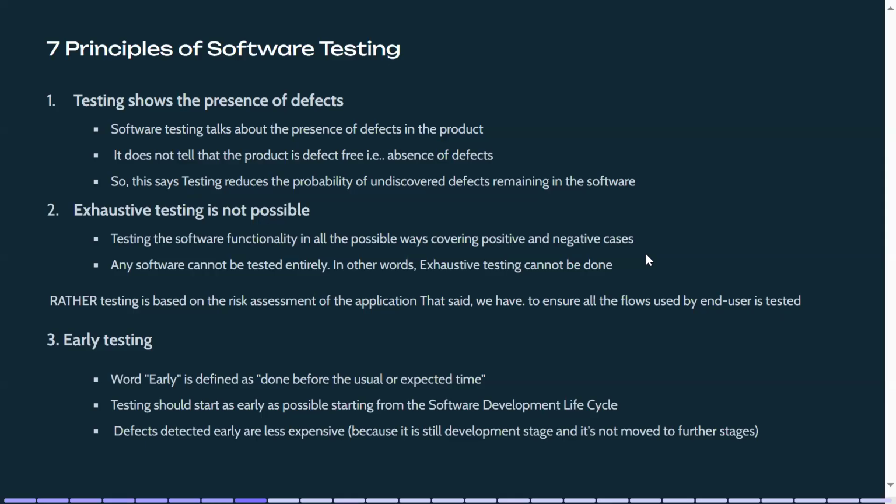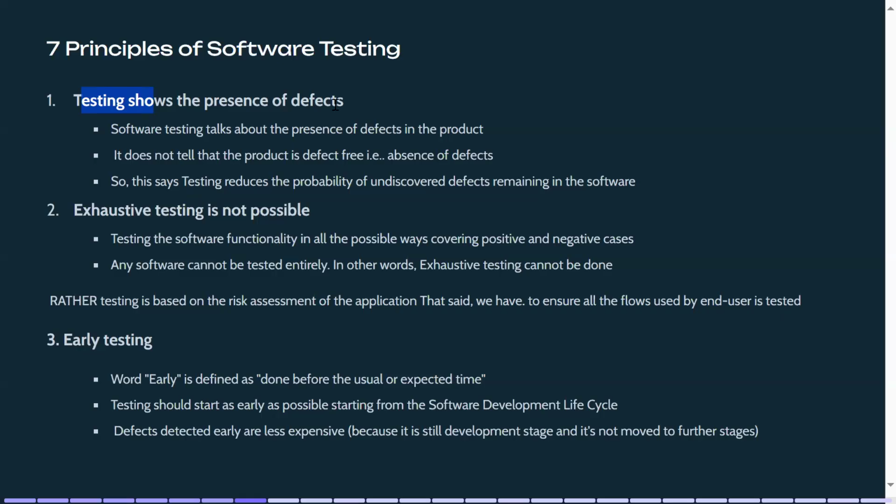The primary purpose of testing is to identify defects or errors in the software product or system. Testing cannot prove that the software is defect free, but it can provide information about the presence of defects. That is the first principle.